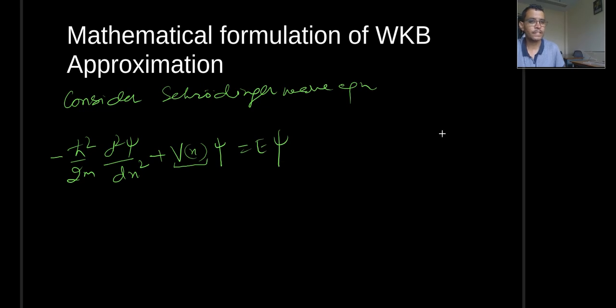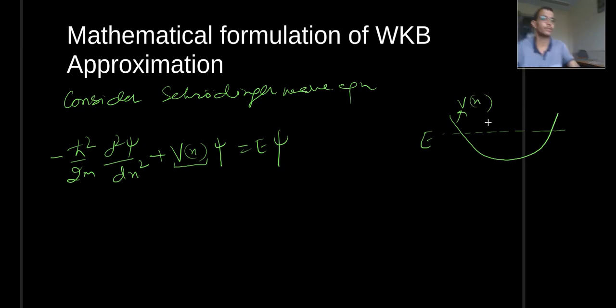Here E is the energy of the particle and V is the potential, a function of x that is changing slowly. This is the classical region I am going to talk about. I will talk only about the classical solution of this equation.